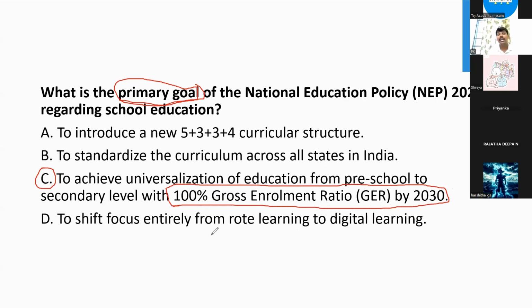The major goal of NEP 2020 is to achieve universalization of education. From which stage? From pre-primary to secondary level. According to NEP 2020, which is the secondary level? Till what class do we consider it as secondary level?